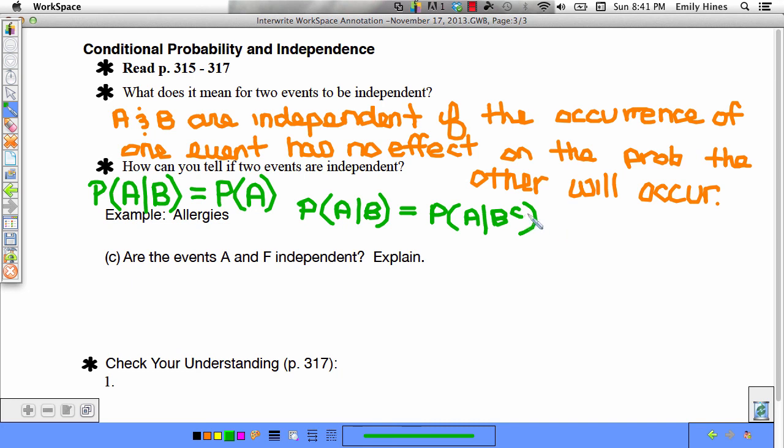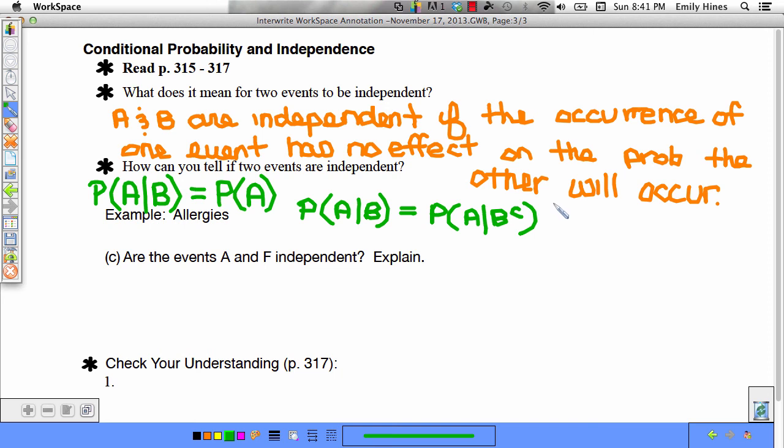Okay, independence is something we're going to talk about from here through the end of the year. Independence is a really big thing when it comes to using statistics to make predictions about whether or not something will happen, or taking sample data and deciding whether or not it applies to the larger population. So it's a good idea to get a good grasp on what independence means now.